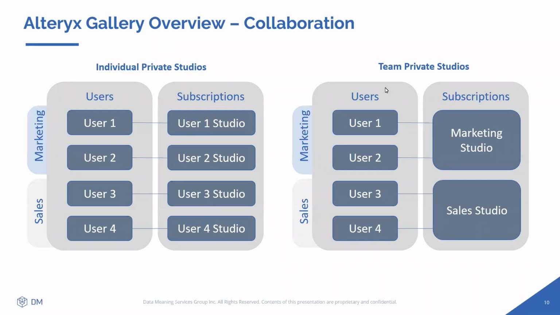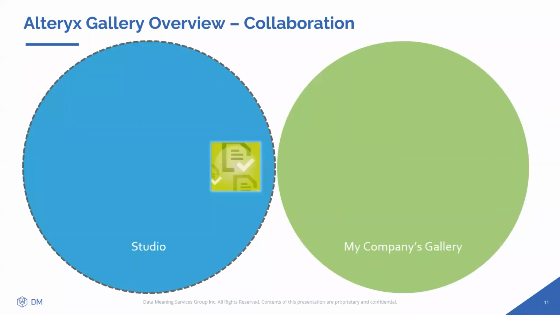That means that if you add the user here in the marketing studio, he will lose access to his private studio. The workflows will be there, but he'll have no access to them. Of course, you can add another user there to get those workflows, but the idea is only one studio per user, but multiple users per studio. That's possible.